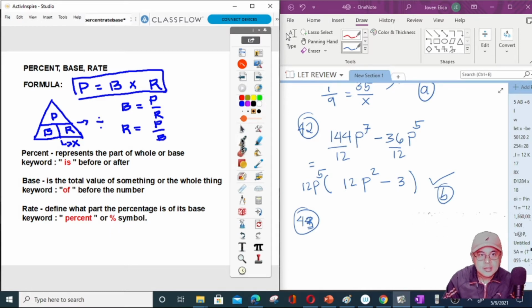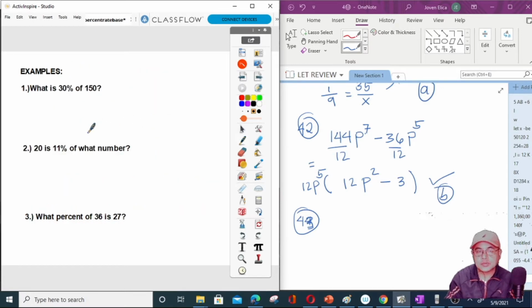So for example, I have an example here. What is 30% of 150?